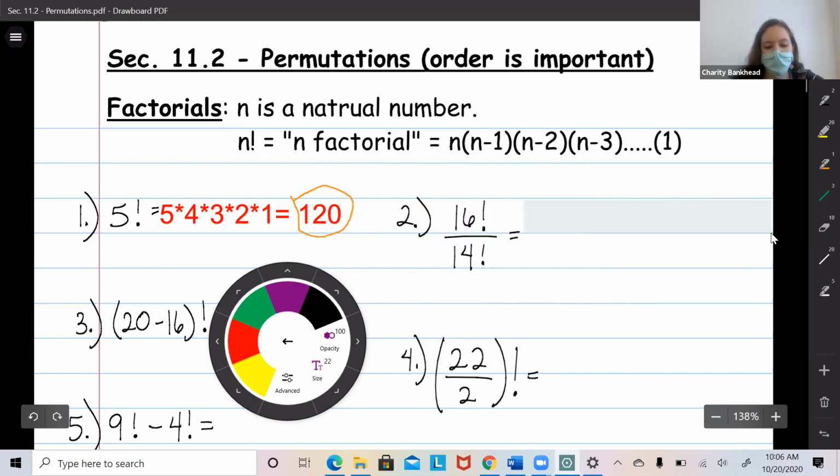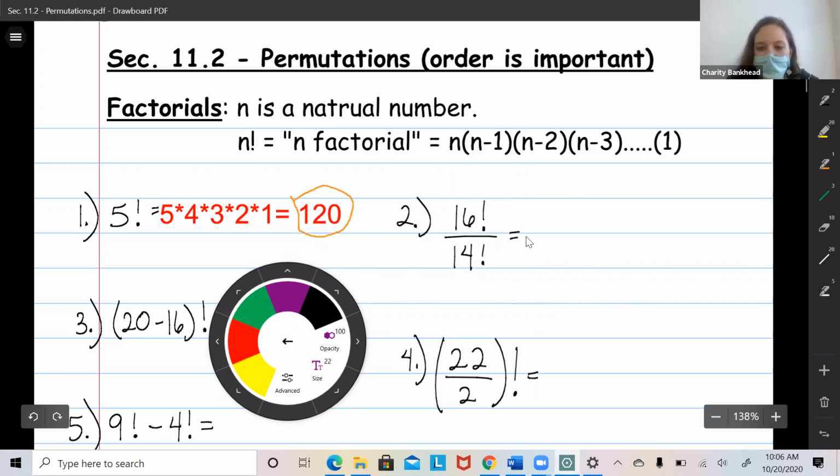So if you had 16 factorial, that would be 16 times 15 times 14, dot, dot, dot, right?